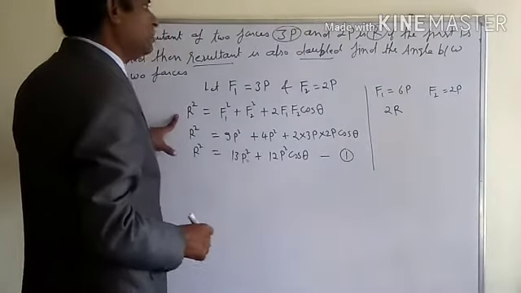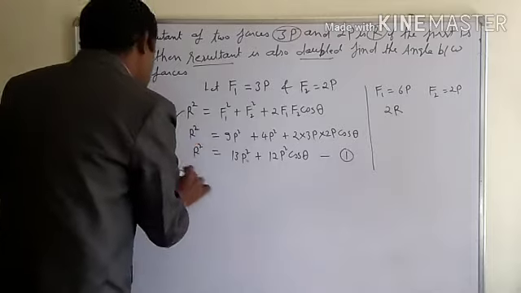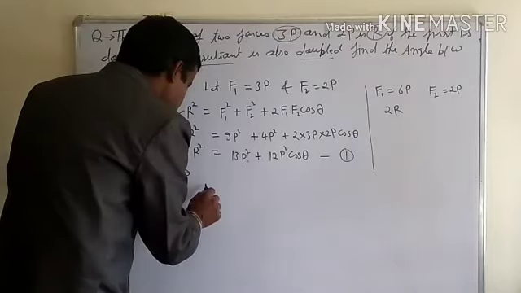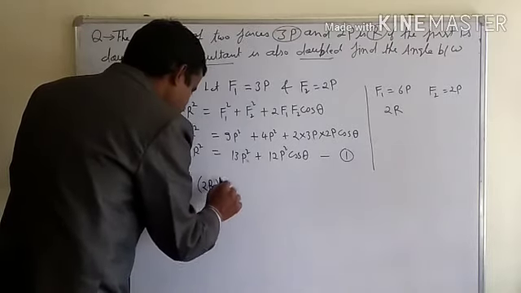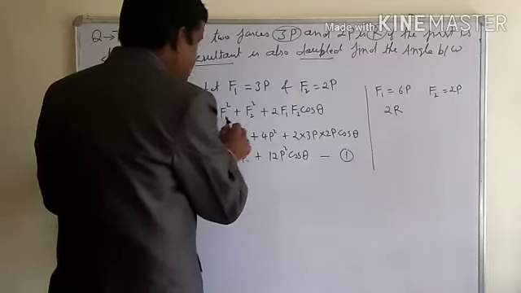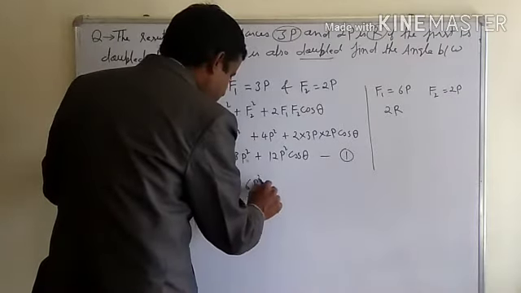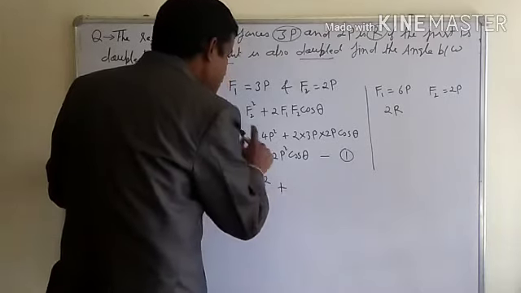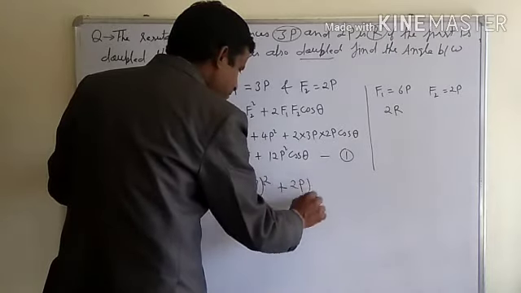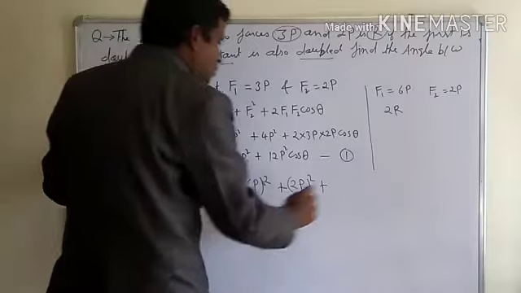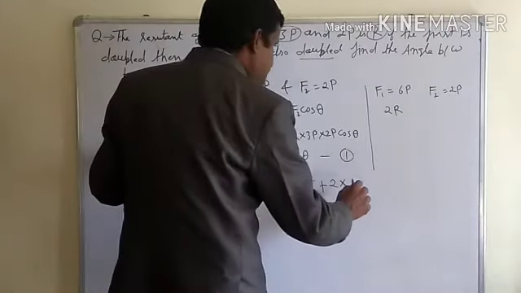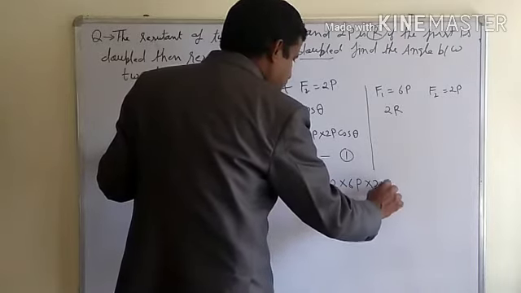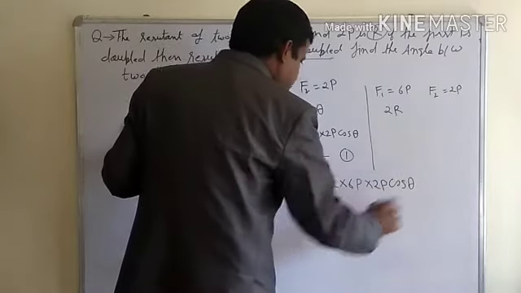Now again, using the same relation, in the place of R we will write (2R) square is equal to F1 square, which means 6P square, plus F2 square, which means (2P) whole square, plus twice F1, which means 6P, and F2, which means 2P, cos theta.